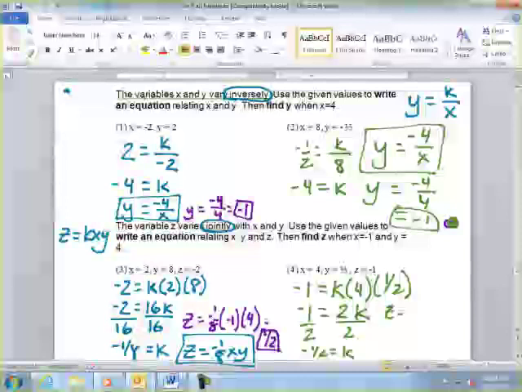Our first answer is the equation with that k-value plugged in its spot. Then for our second answer, we plug in the -1 and the 4 from the directions and get a new solution of 2.